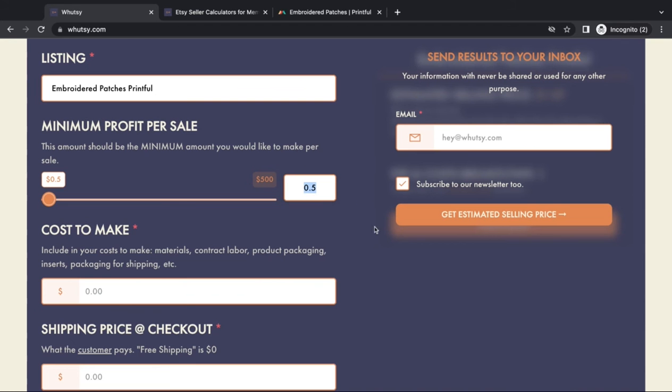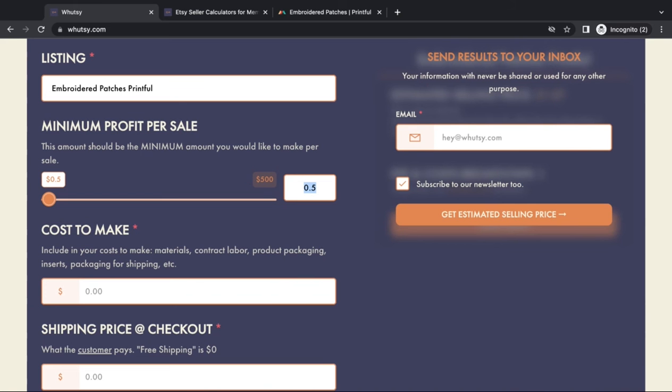This is a personalized patch, and it takes me quite a bit of effort to make that design for each patch. Now I might want my minimum profit to be a little bit higher. And this is when you can start thinking about, am I hand making this item? Say it's an embroidered patch that you're actually making yourself. You have that entire setup in your home.